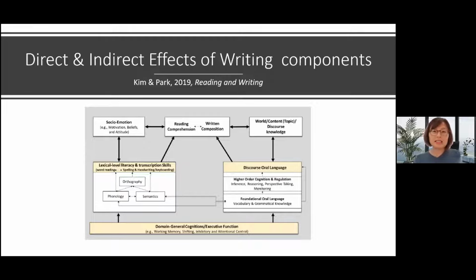So as Adria showed you here, this is a theoretical model. And let me unpack this a little bit. I have a newer, very similar but slightly updated version in a recent article in the Journal of EdPsych.